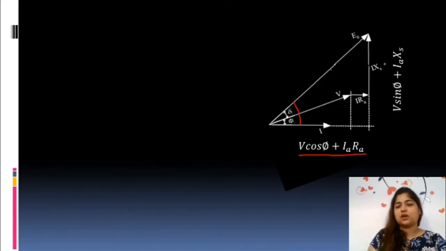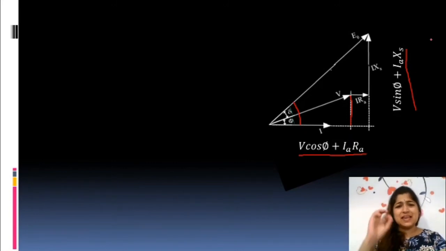Similarly, on this vertical side, in this triangle, this side is V sin phi and this is IAXS. Can I say this complete side is V sin phi plus IAXS? Yes or no?